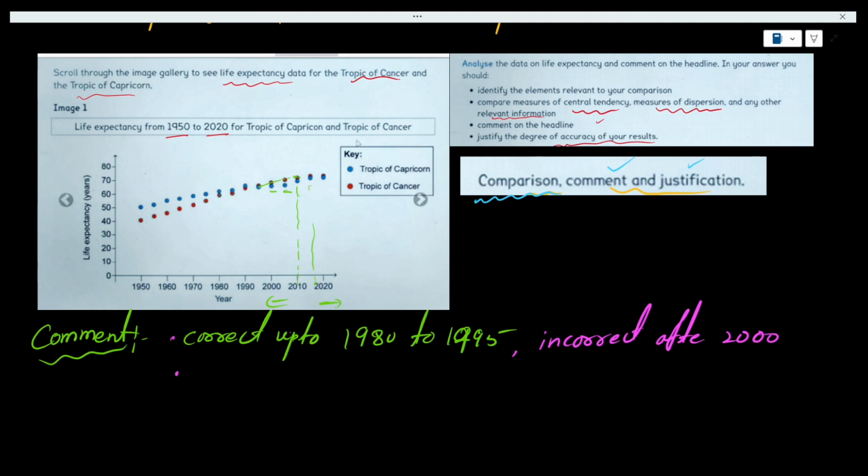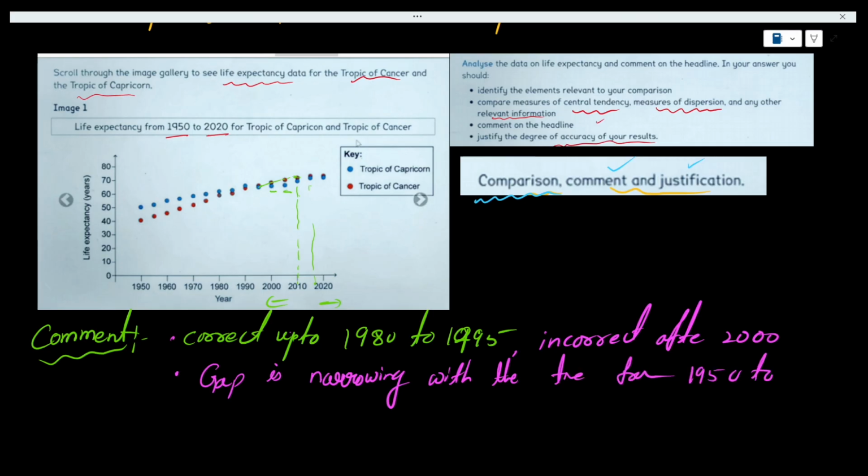What is the second pointer here? You can say that there was a gap, so you can write: gap is narrowing with the time, from 1950 to 2000.